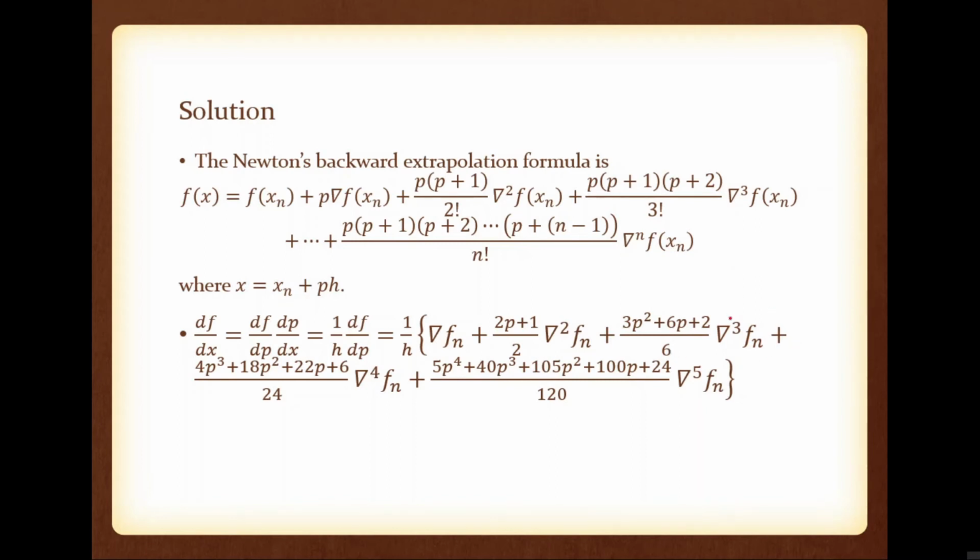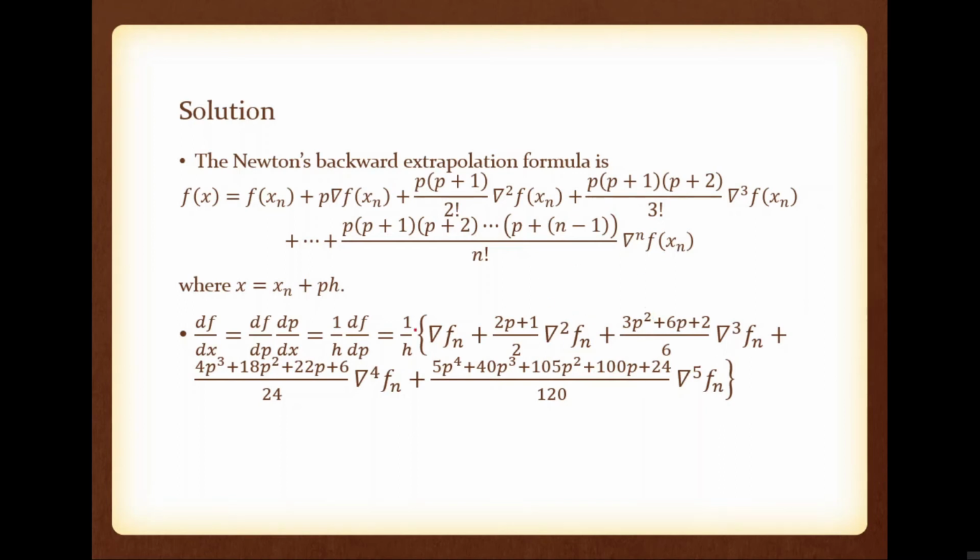So you can see that if you are comparing it with Newton's finite forward extrapolation formula, if you are considering df by dx, instead of plus 1, here we have minus. And what about this one? Here we have minus. Means the first term is always positive, then alternatively we have a negative sign, right? So that negative sign is converted to positive.